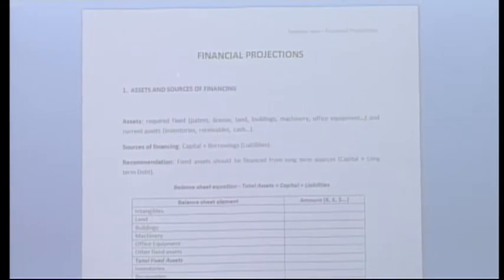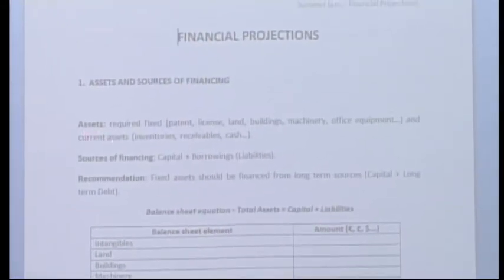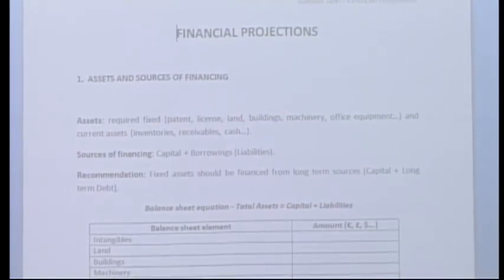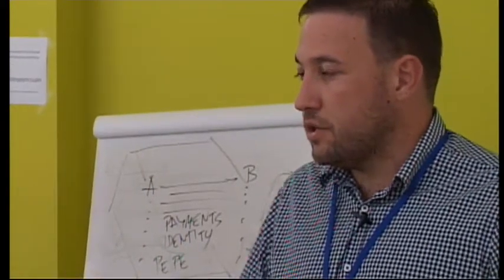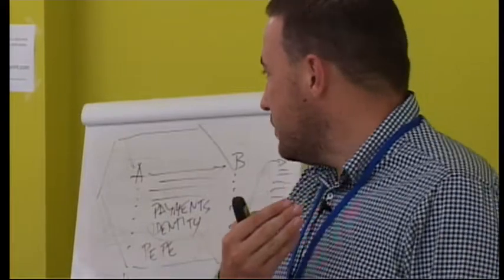Okay, as I told you, assets and sources of financing. Assets are a patent, license, land, building, machinery. As I saw yesterday, you have a lot of examples of your ideas, some application. What is an application in our balance sheet?